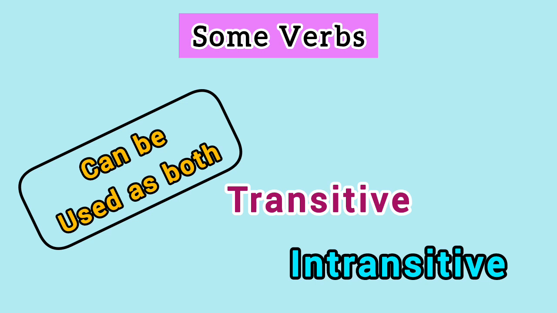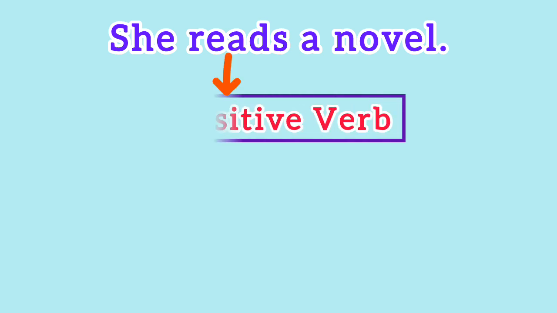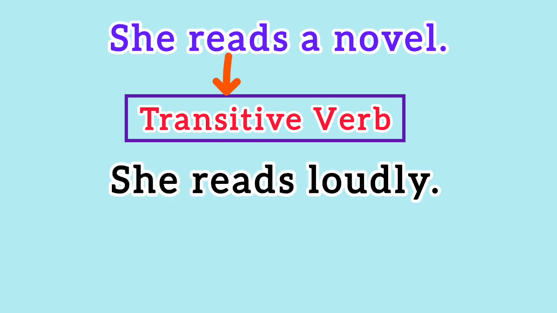The example is, she reads a novel. So in this sentence, she is the subject, reads is the action or verb, and a novel forms the object. So here the verb is used transitively, whereas in another sentence, she reads loudly, the verb reads is used intransitively.